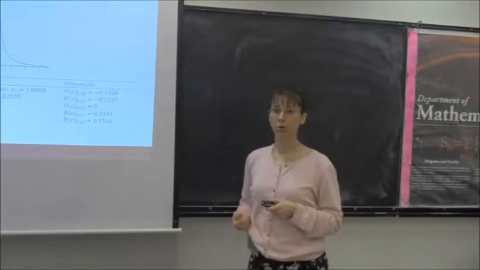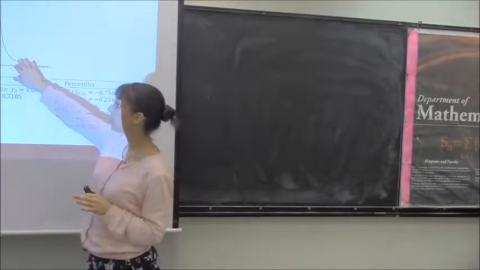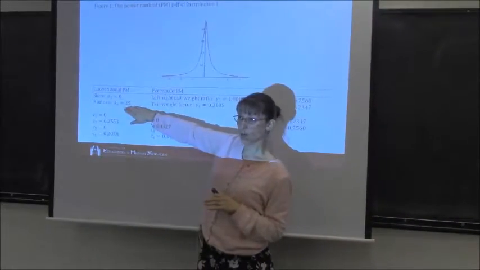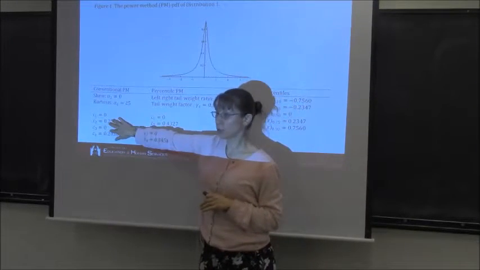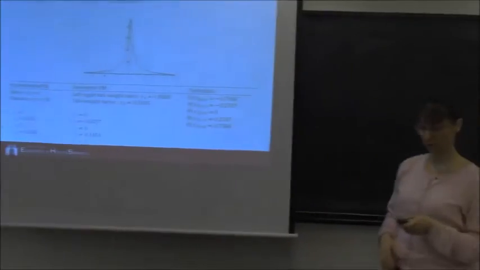The first distribution was one that was symmetric, but extremely leptokurtic. It had a skew of 0, excess kurtosis of 25. And you can see down here, these are the coefficients for the conventional approach and the percentile approach for this particular distribution.